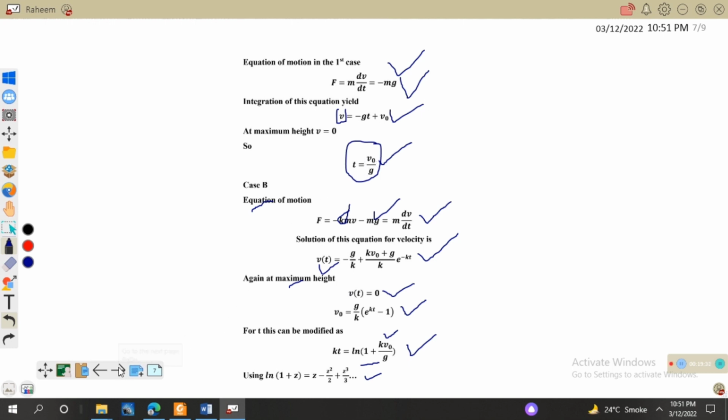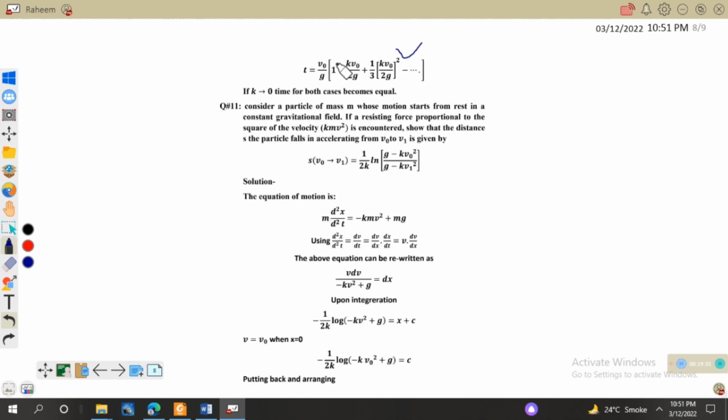Again if we put k equal to 0, this expression will go to 0 and this expression will go to 0, and we have got t is equal to v naught over g, which is the case when there is no friction. It means we have solved our question for the resistance case correctly.